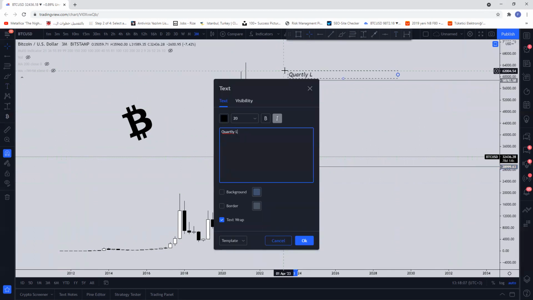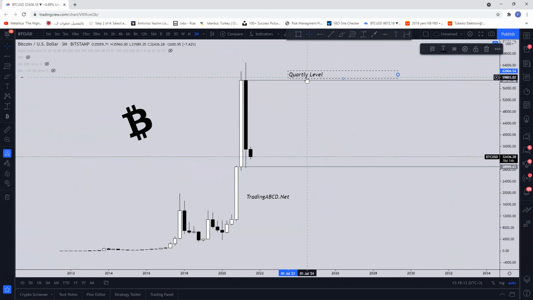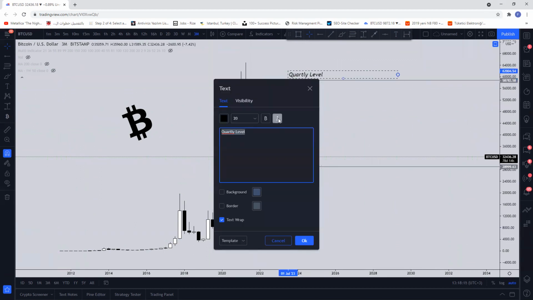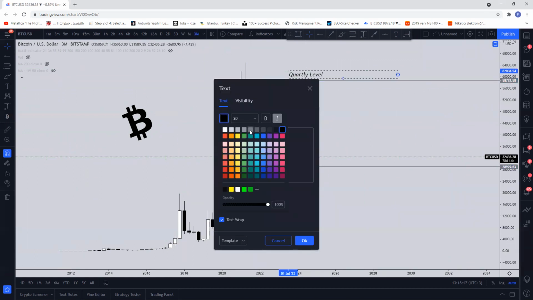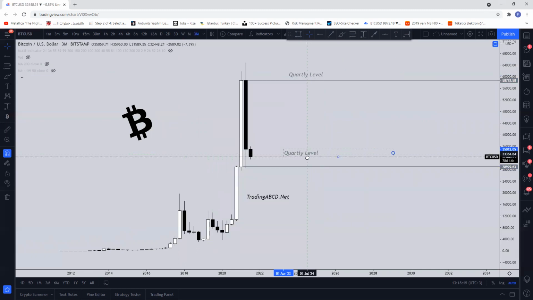The upper one will be a resistance and the lower one will be the support. These are the two quarterly levels, the 58.8K and 29K.